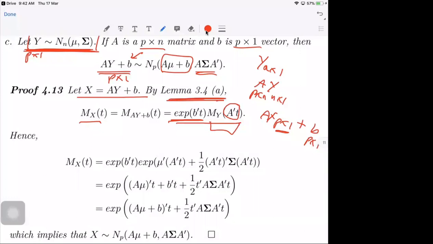We already showed this in 3.4a. So if we use this result, then the moment generating function of x, which is AY plus B, is this constant, exponential of B prime T.